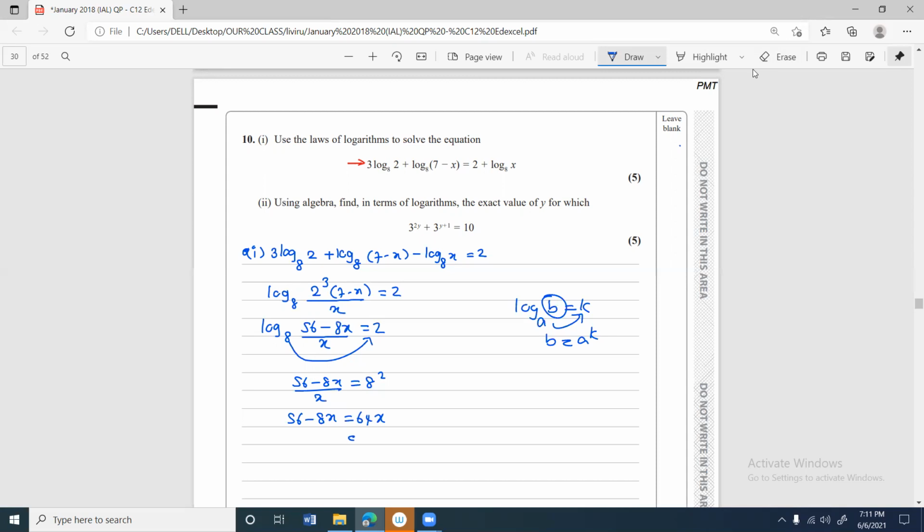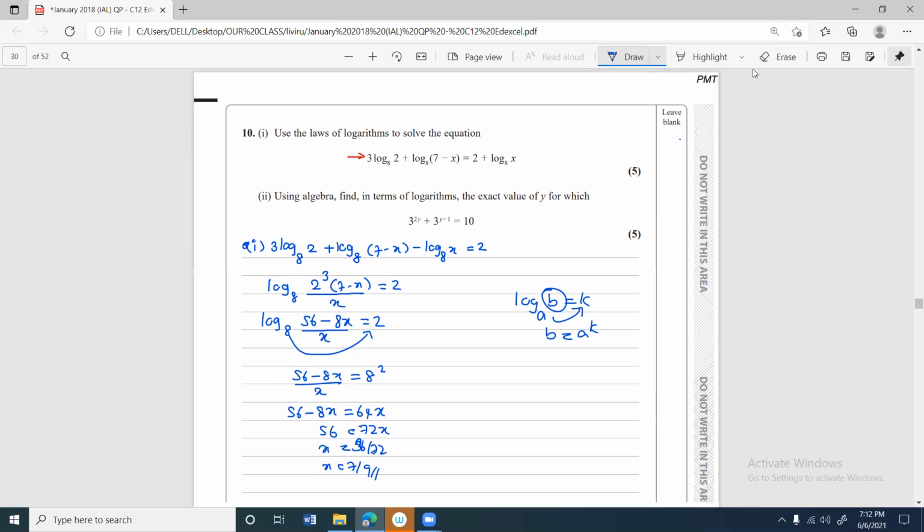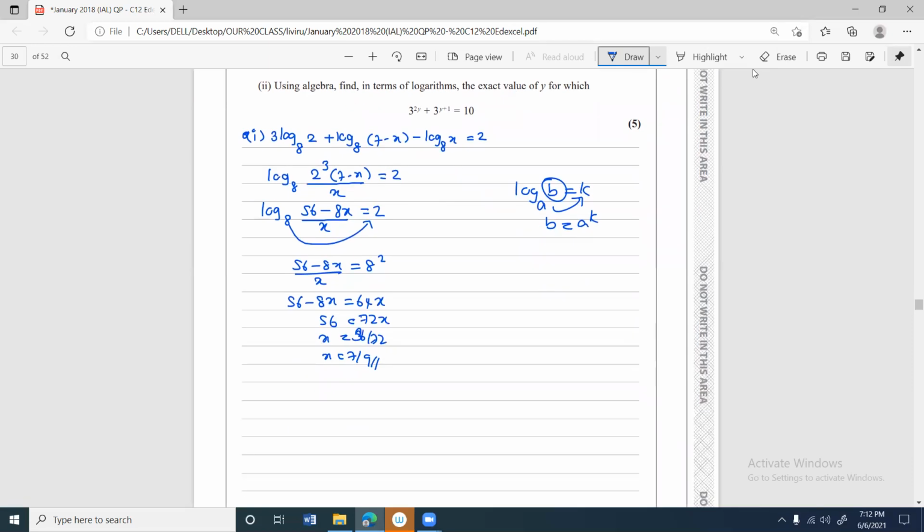Now, if you bring it here, 64 plus 8 is 72x is equal to 56. Therefore, x becomes 56 divided by 72, which comes to 7 over 9. x equals 7 over 9 is the answer for the first part of the question.